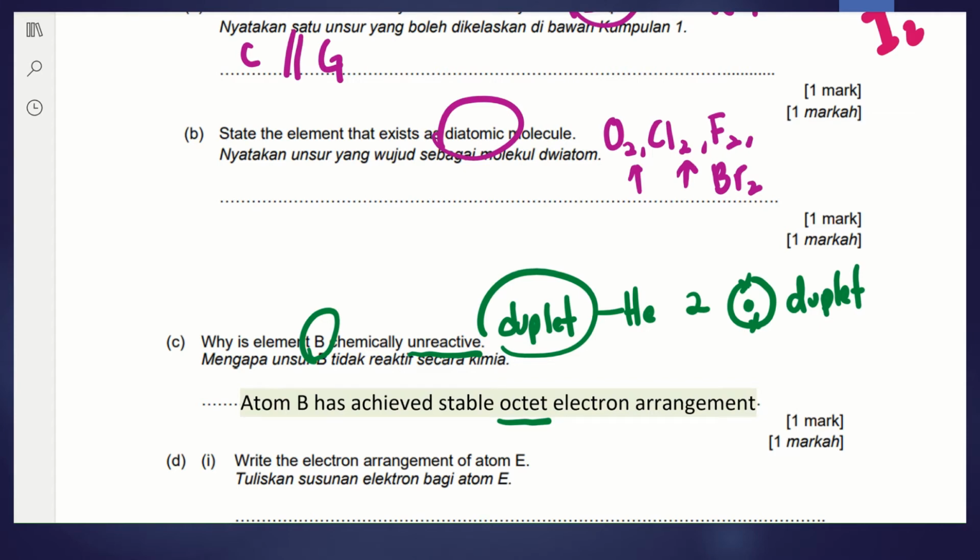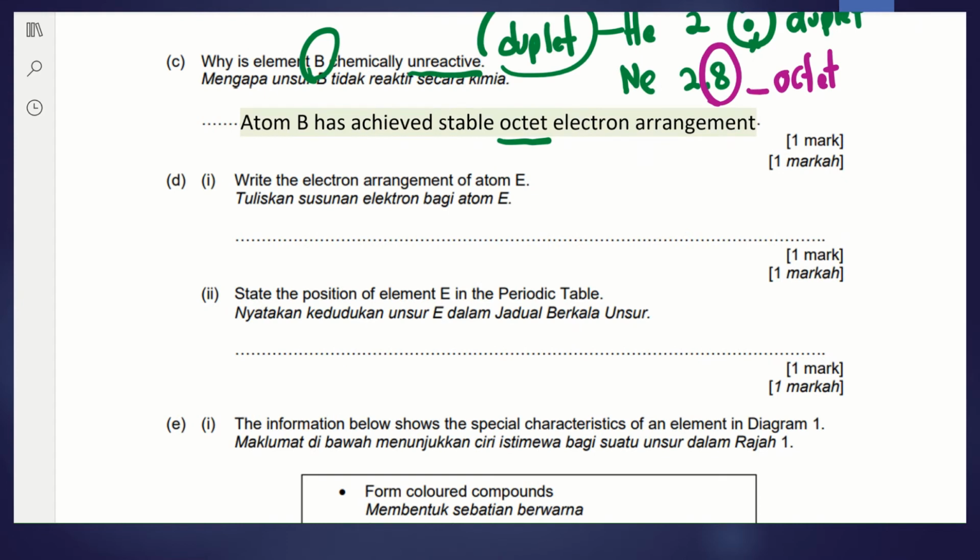For example, neon. The electron arrangement for neon is 2.8, meaning that neon has 8 valence electrons, so neon has achieved stable octet electron arrangement. Hopefully you know how to differentiate when to use duplet and when to use octet electron arrangement.